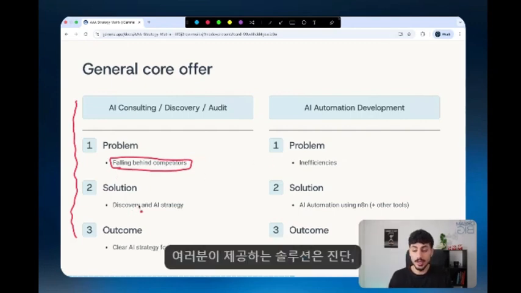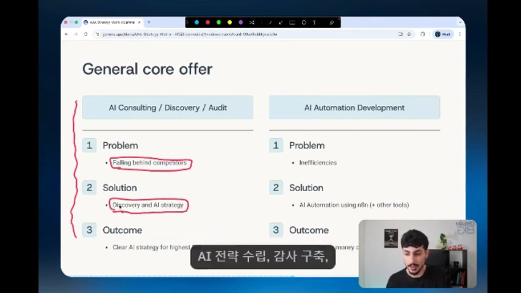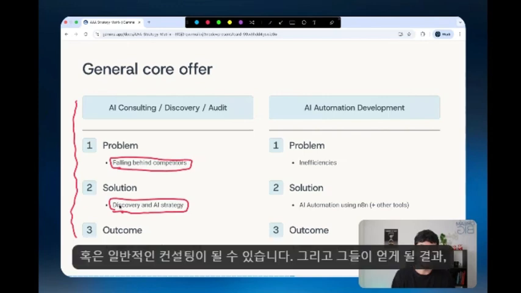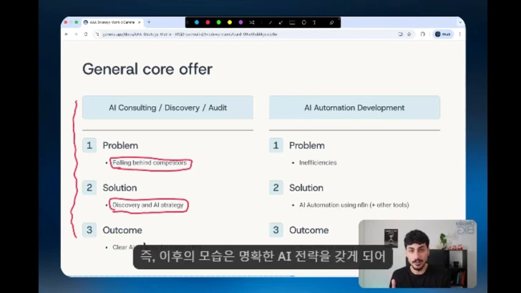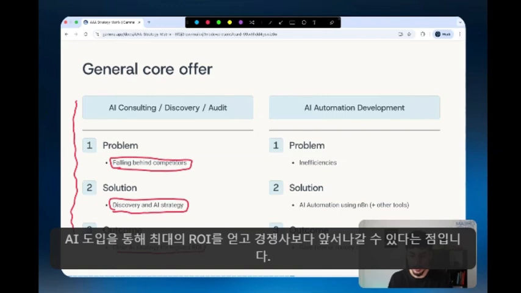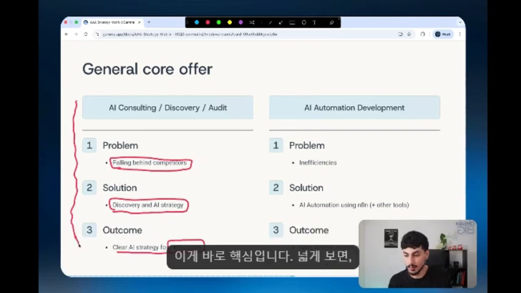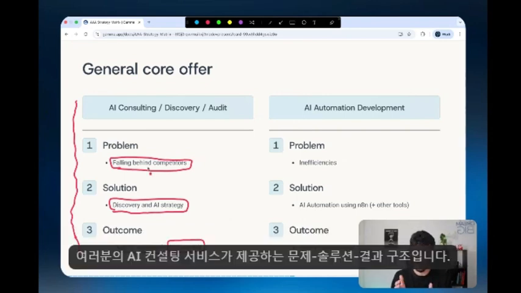The solution that you're offering is going to be discovery, AI strategy building, building out an audit, or just general consulting. And the outcome they will achieve, or what life would look like afterwards, is that they'll have a clear AI strategy which will help them get the highest ROI from implementing AI so they can beat their competitors. Broadly, that's the problem, solution, and outcome from your AI consulting services.